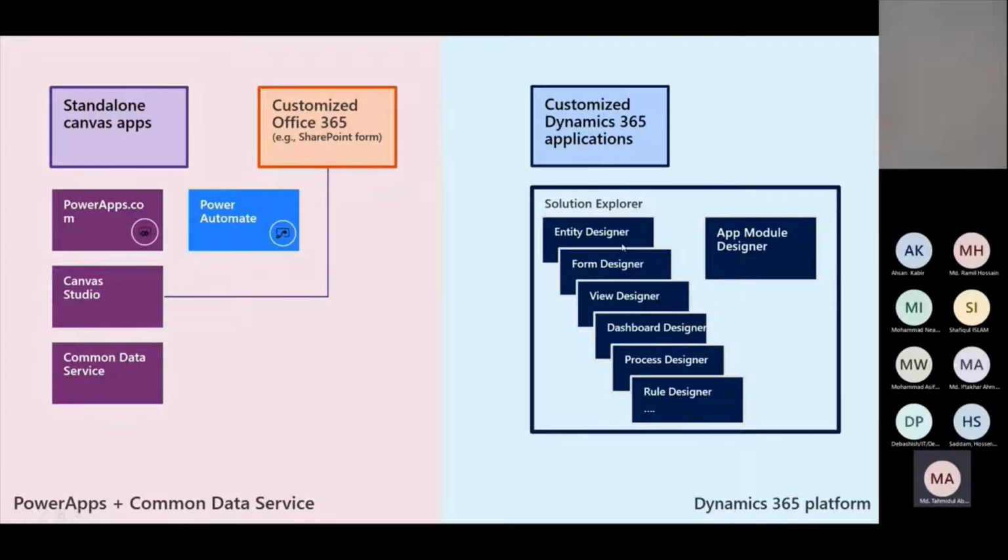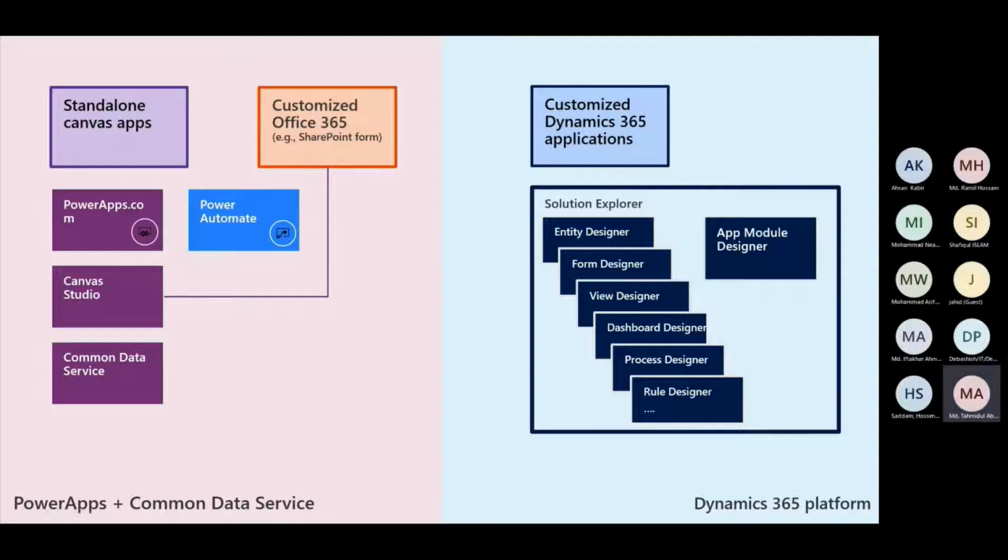And there are some specific templates that can be customized, which is easier for a business user to create. For Canvas app, you have to go through a part by part or step by step development procedure, not writing code, but you have to go through some procedure. So these are the differences between those two.